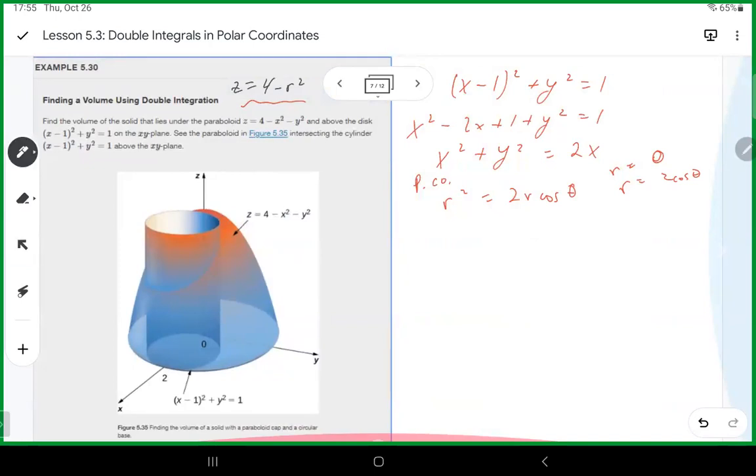Okay, so you're going to end up with r comma theta, where theta goes from 0 to pi, and r goes from 0 to 2 cosine theta. Then we need to dive into what the actual volume is going to look like.